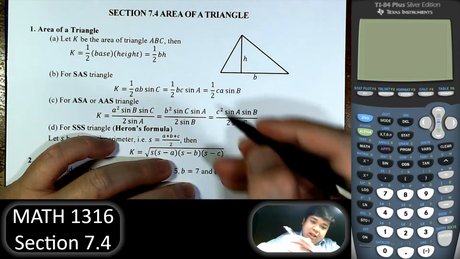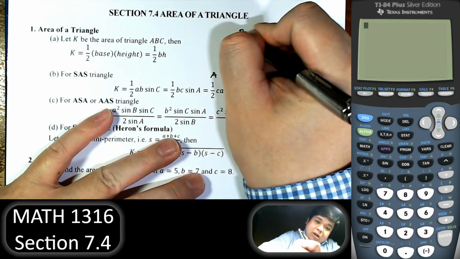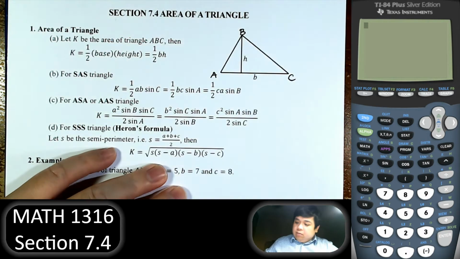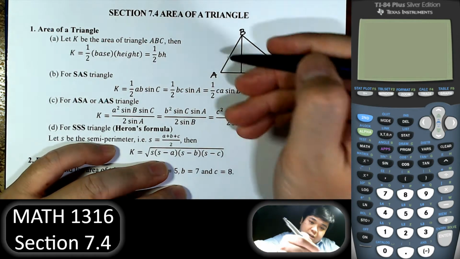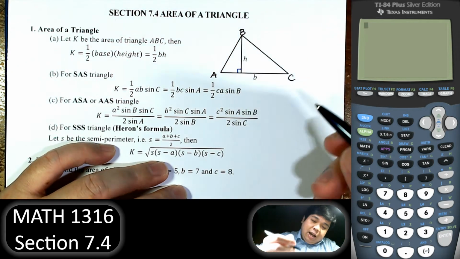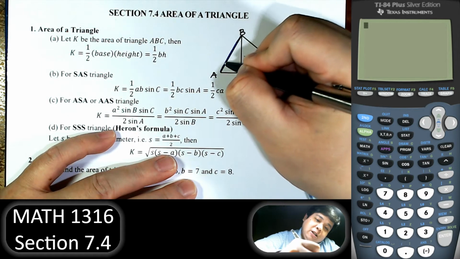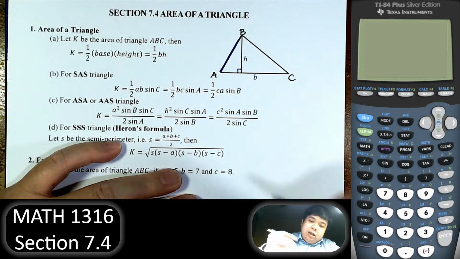Let's put A, B, because that's opposite to angle B, and then C. Here we have the height.